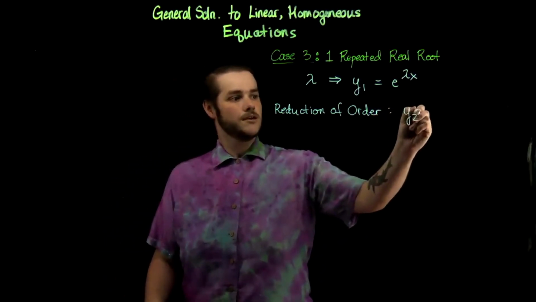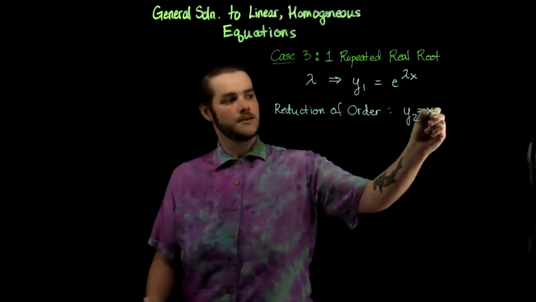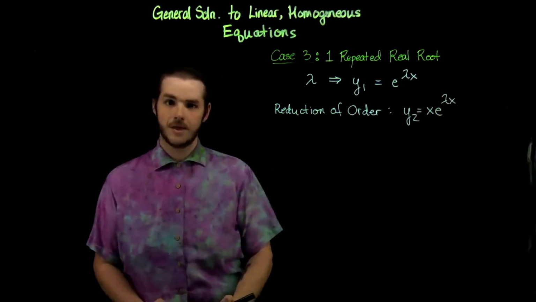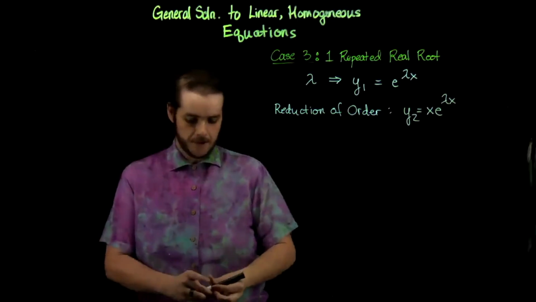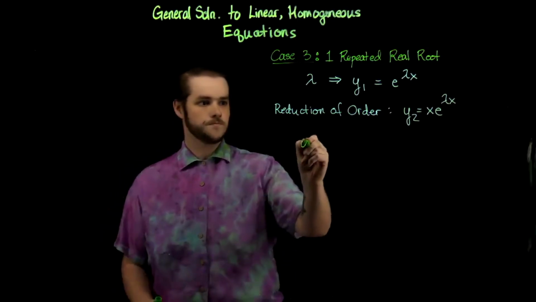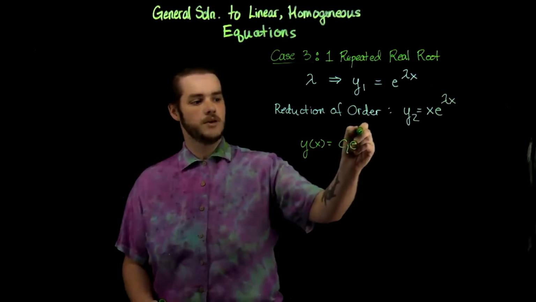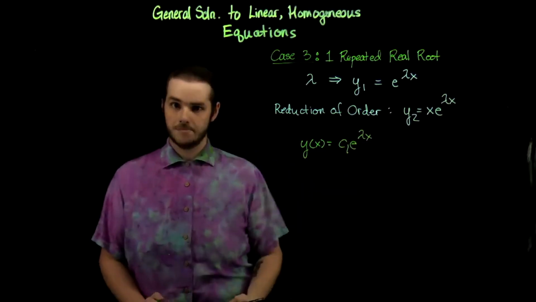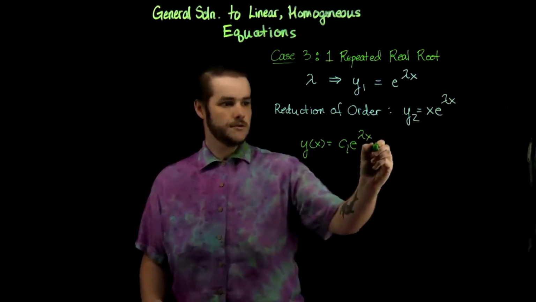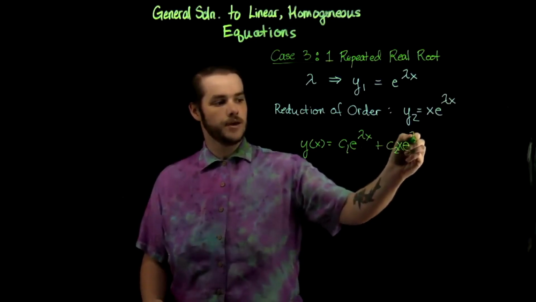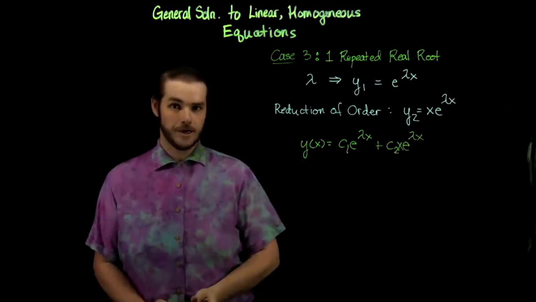We use x e to the lambda x as our other solution here. In other words, this gives me that the general solution is c1 e to the lambda x, the root that I obtain normally, plus c2 x e to the lambda x, the root I obtain normally.